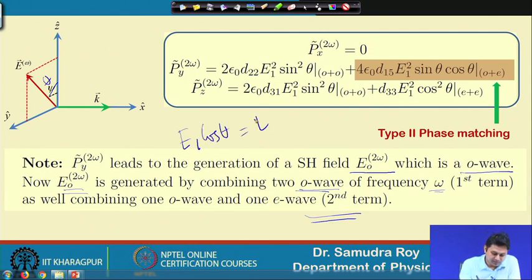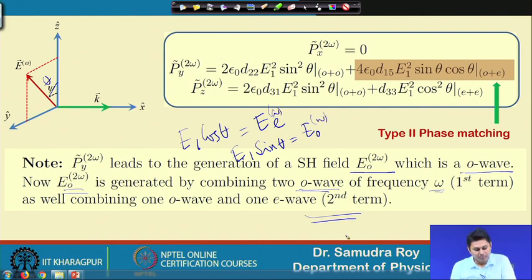So, this is an extraordinary component, and E 1 sin theta is an ordinary wave because it is along y direction. So, in both cases it is the omega component. So, one ordinary and one extraordinary wave generate this term, and this term basically gives us a type 2 kind of phase matching.